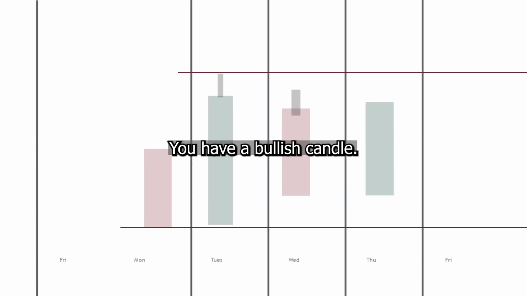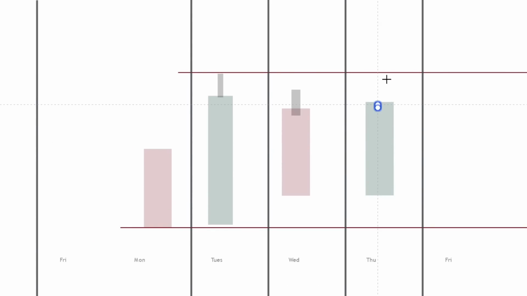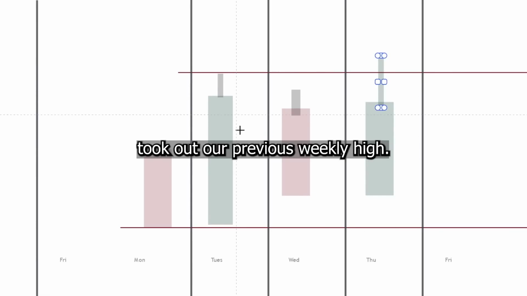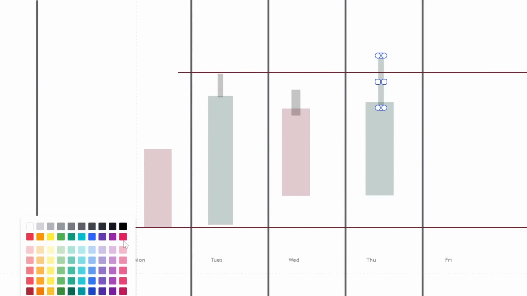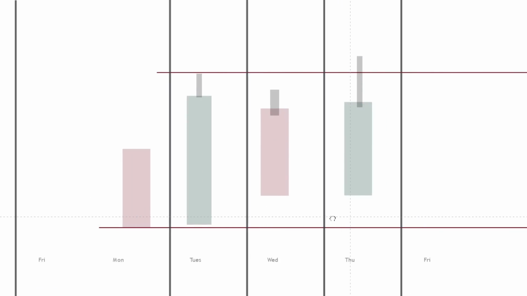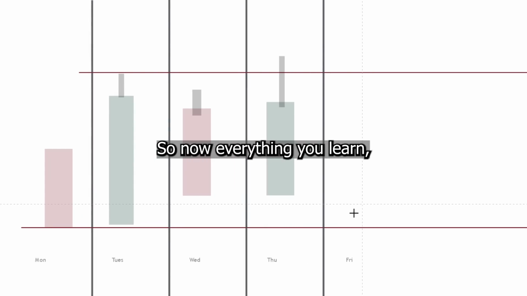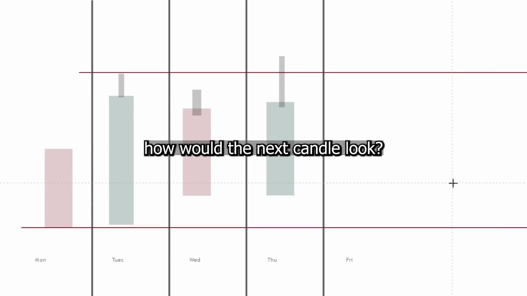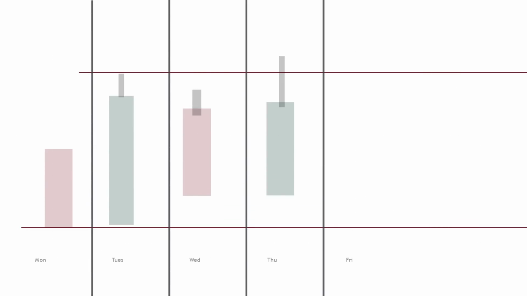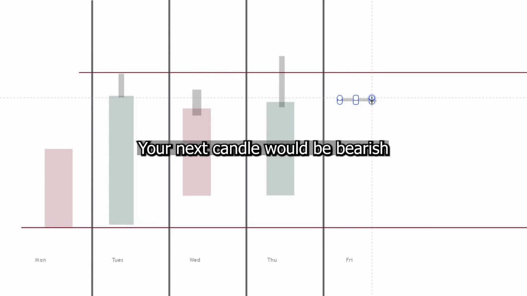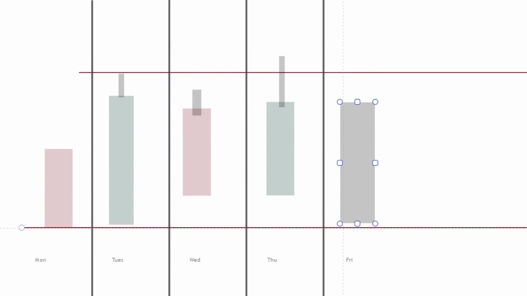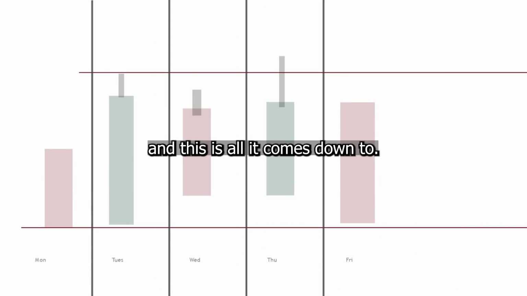You have a bullish candle with a wick that took out price, took out our previous weekly high. So now, everything you learned, how would the next candle look? Your next candle would be bearish. And this is all it comes down to.